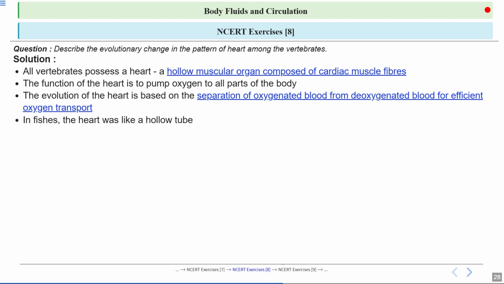This basic design was enough for their aquatic lifestyle, but it didn't allow for much separation of oxygen rich and oxygen poor blood. Over time, the simple heart evolved into the four-chambered heart found in mammals. This advanced design allows for complete separation of oxygenated and deoxygenated blood, making the circulatory system much more efficient.